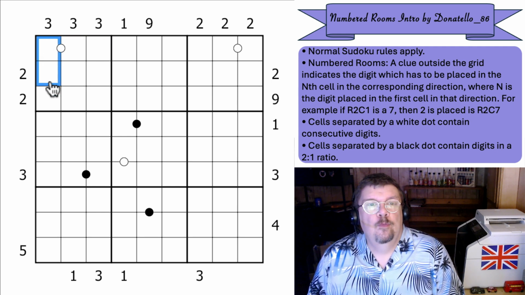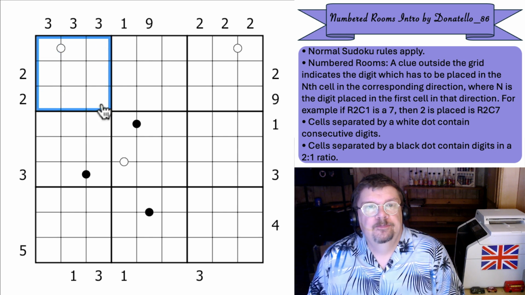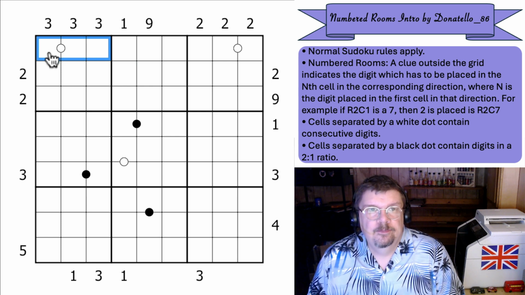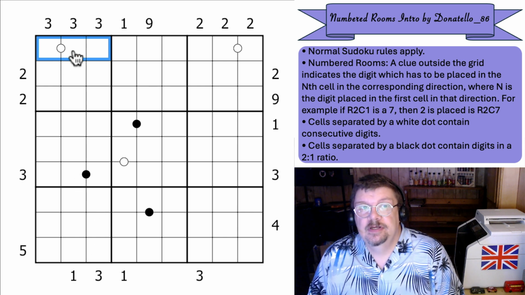Well, I can only put 1 3 in this box. And I can only put 1 3 in this box, and I can only put 1 3 in this box. So these 3 digits, one of them has to be from 1, 2, and 3. One of them has to be from 4, 5, and 6, and one of them has to be from 7, 8, and 9. I don't know which is which yet.